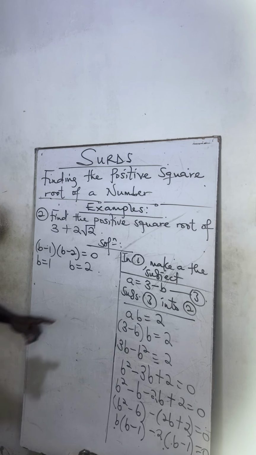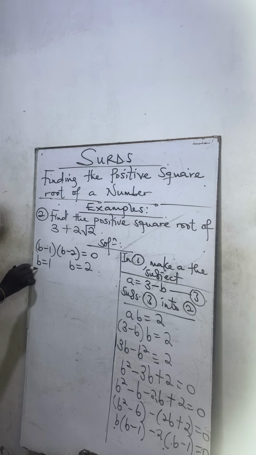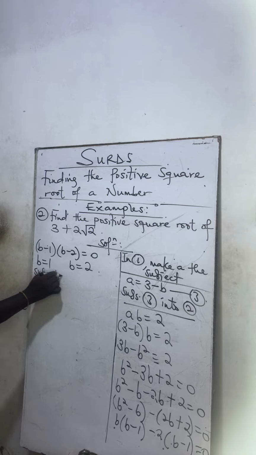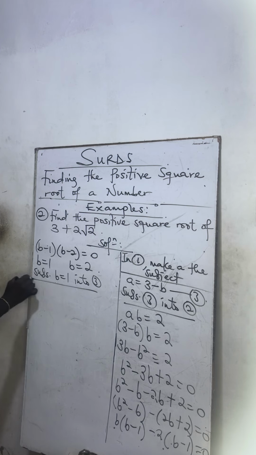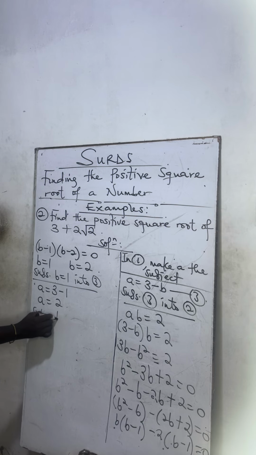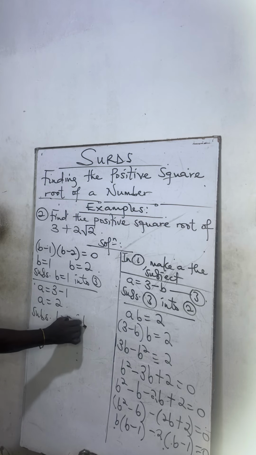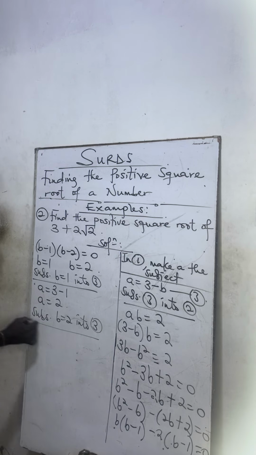Now we have to get the value for a. So we substitute b equals 1 into equation 3, so that a is equal to 3 minus 1, a is equal to 2. Again, we substitute b equals 2 into equation 3, so that a is equal to 3 minus 2, a is equal to 1.